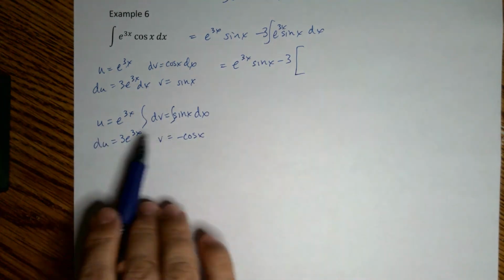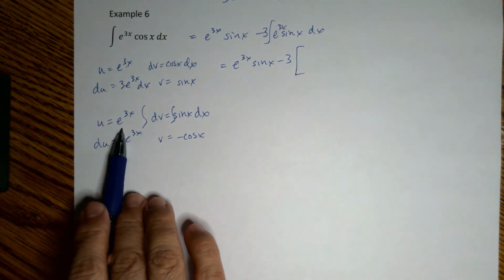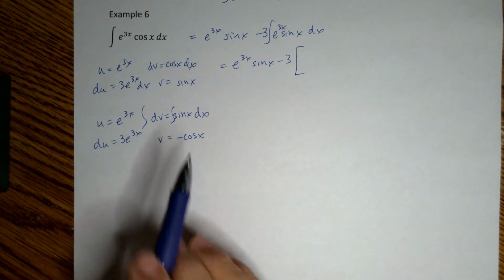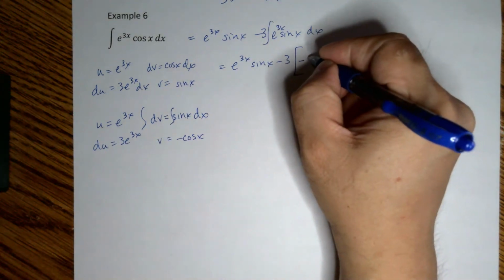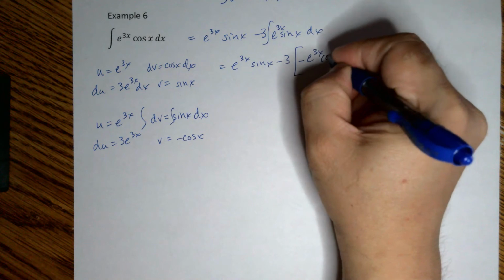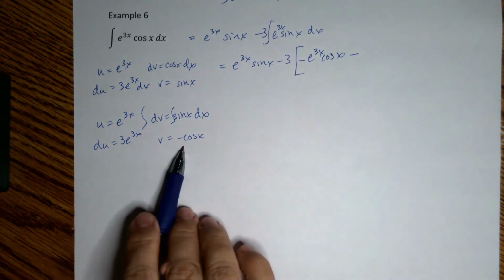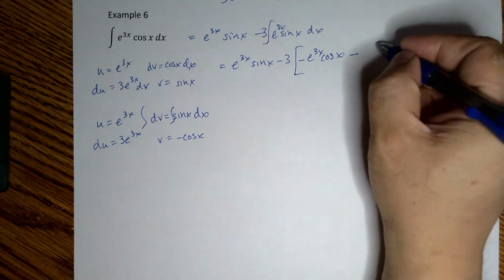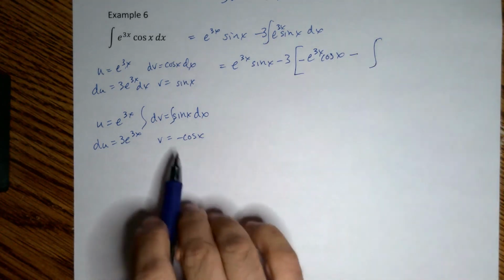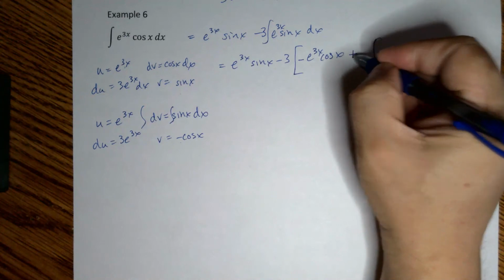So uv is e to the 3x times negative cosine x, so it's negative e to the 3x cosine x, minus v du. That's a negative cosine x, so a minus, that's going to turn into a plus.